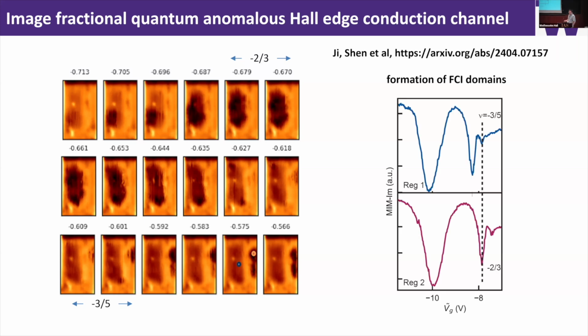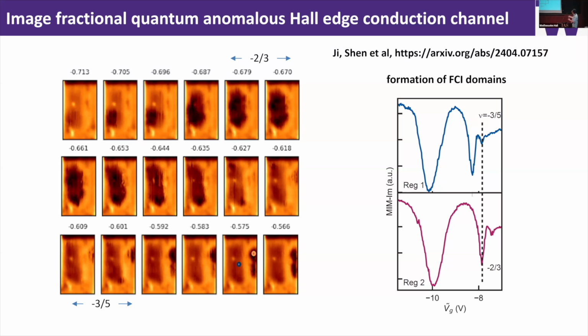One more thing we can learn is that because it's a local probe, you can probe different parts of the sample and look for domain effects. What I show you here, the top curve comes from region 1, highlighted by these blue dots, and the reddish curve comes from region 2, the orange one. These two plots show that at a fixed gate voltage, region 1 is already in the -3/5 FCI state, but region 2 is in the -2/3 FCI state.